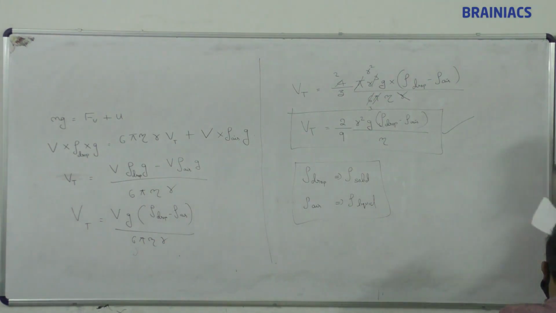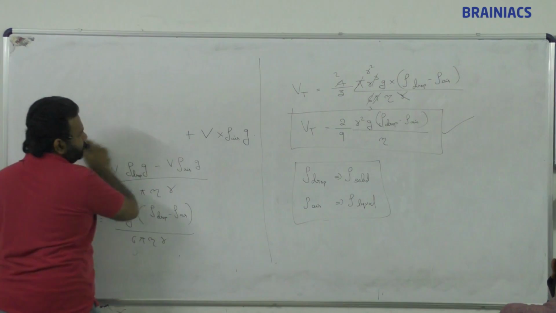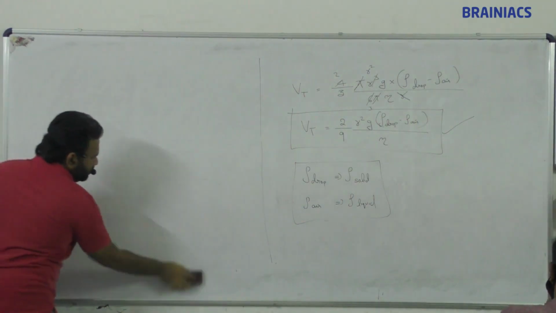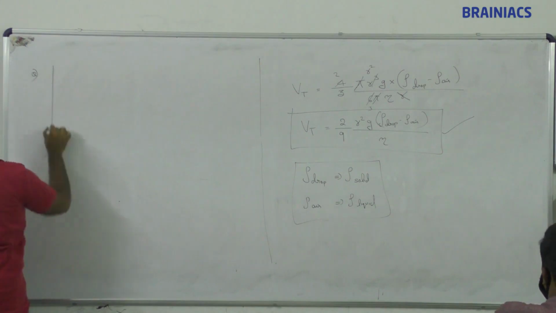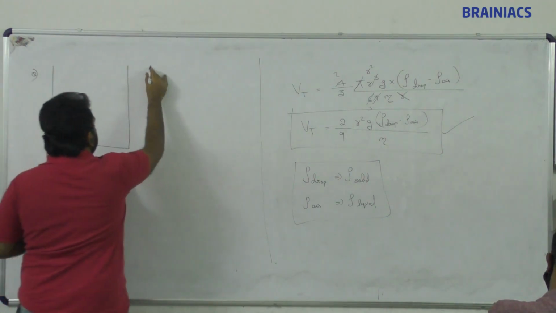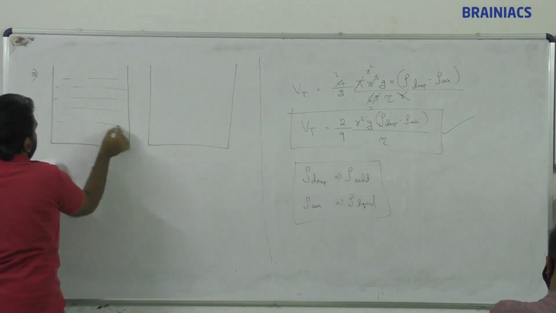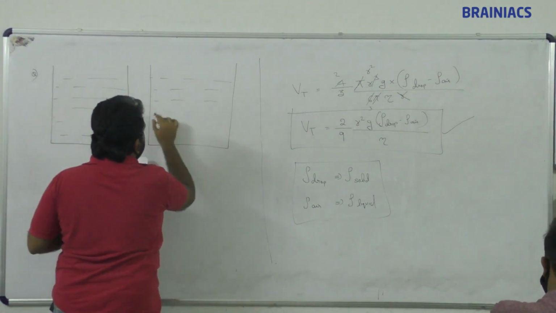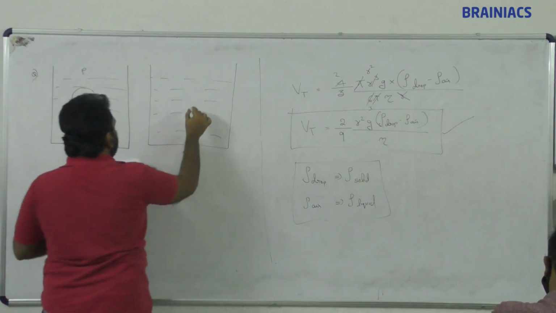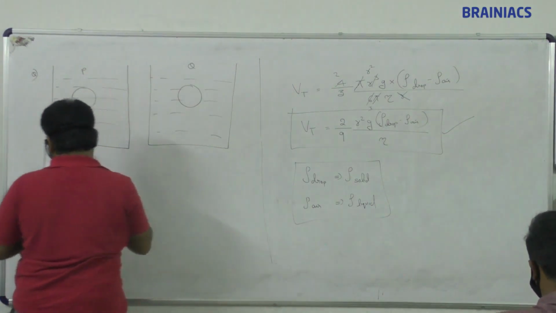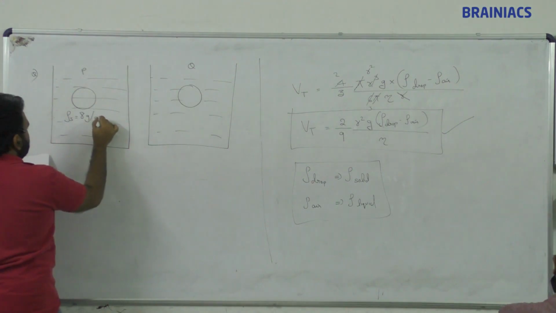Shall I give you a question? Sphere P, and this is another, Q. Density of the solid is equal to 8 gram per centimeter cube.